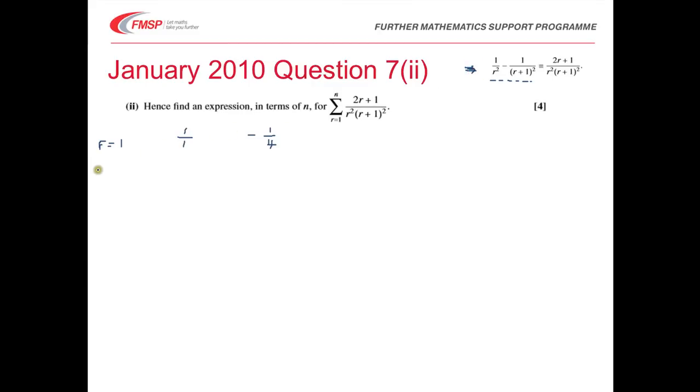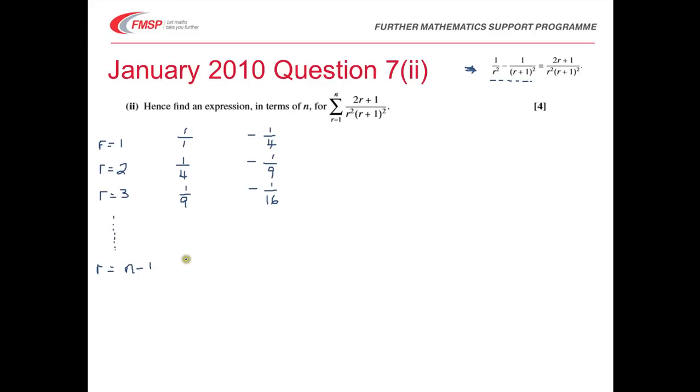And then I'll do that for a couple more values. So r equals 2 will be 1 over 2 squared minus 1 over 3 squared. And then when r equals 3, it will be 1 over 3 squared minus 1 over 4 squared. And at that stage now, you'll probably see what's happening, but you should just go through and write out a couple of terms at the end to make sure that we show all our working.